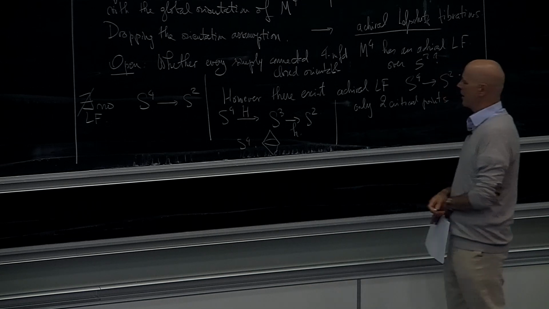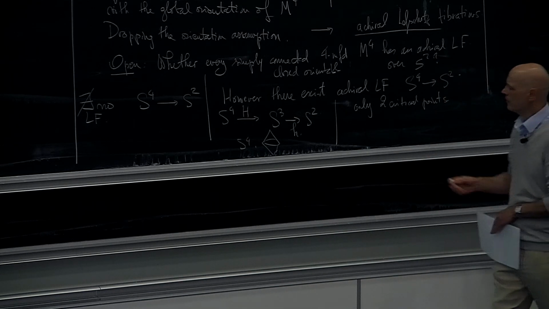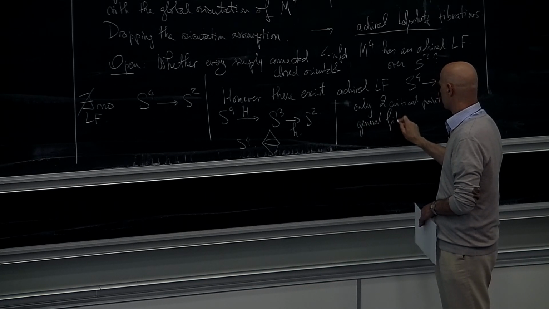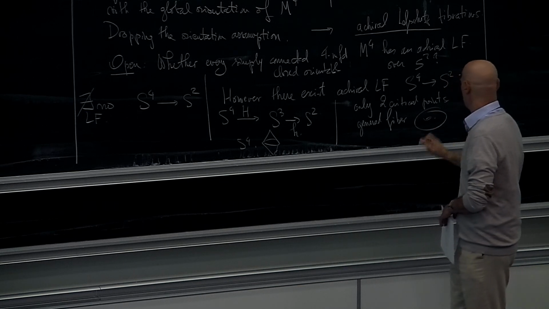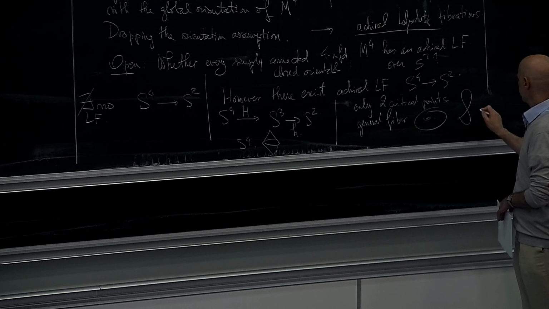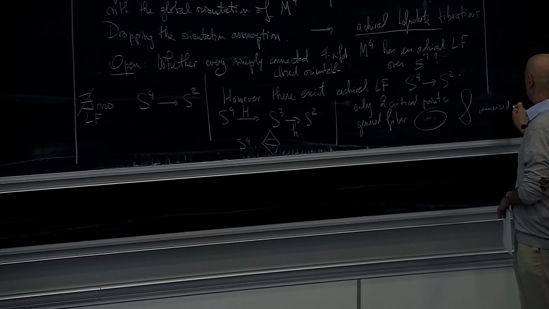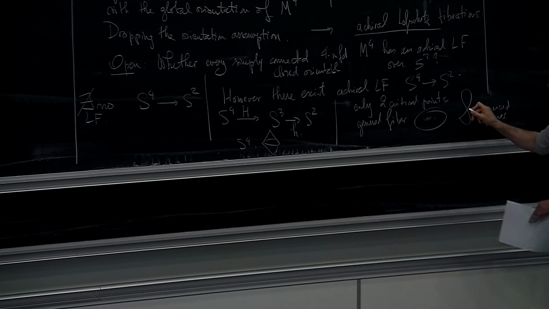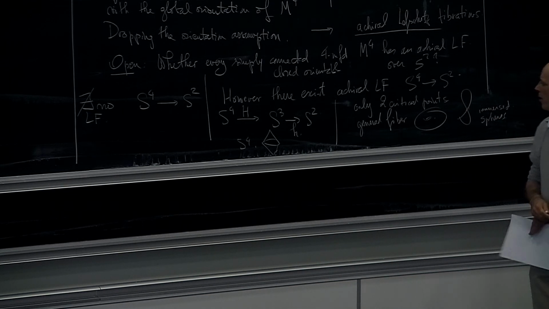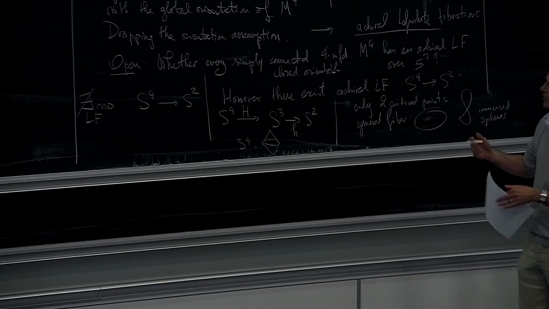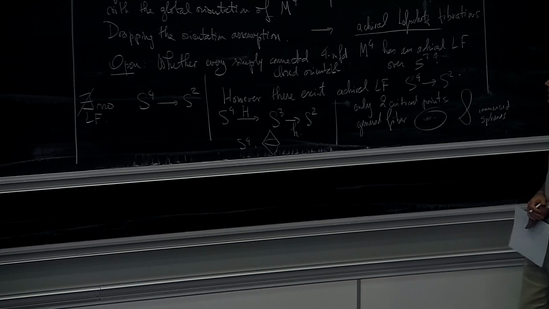And if you choose them right, then the general fiber is a torus, and there are two immersed singular fibers, which are immersed spheres, and one has a self-intersection which is positive, +1, and the other one inside this S^4 has negative self-intersection, and that's typically the case which arises in achiral Lefschetz fibrations.